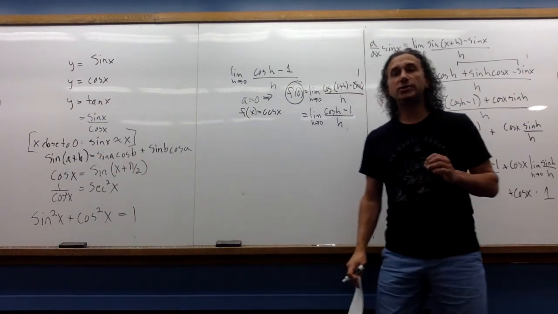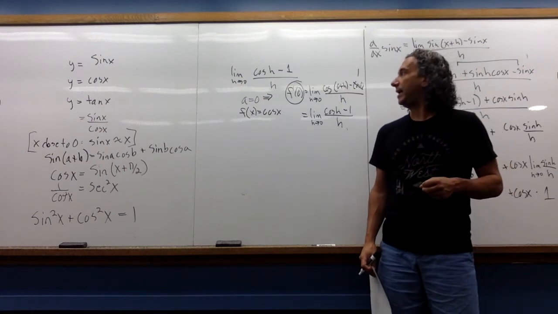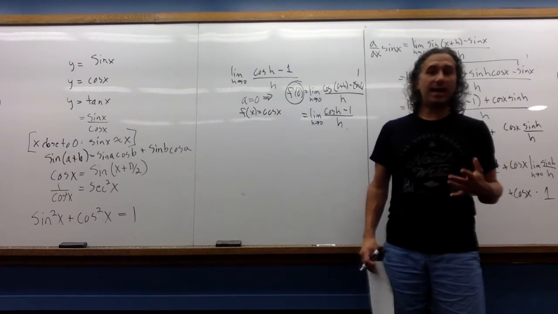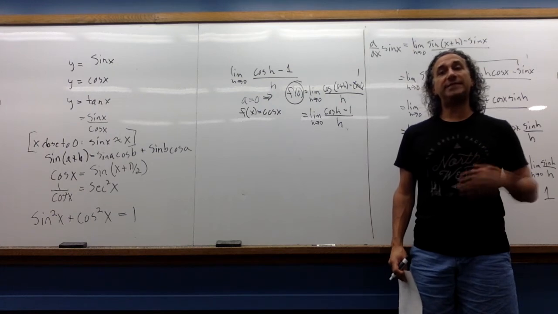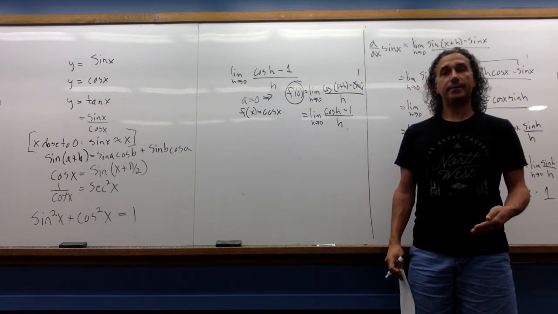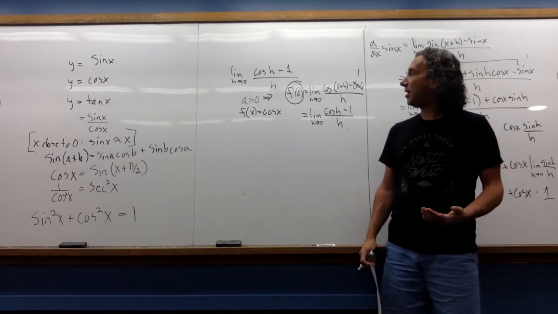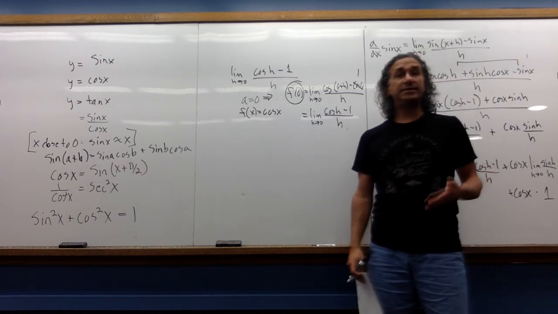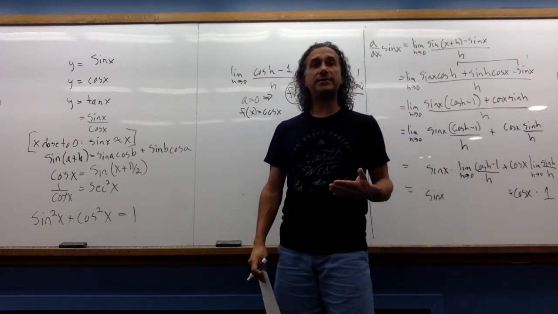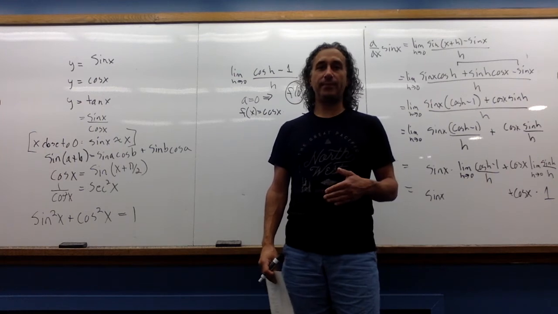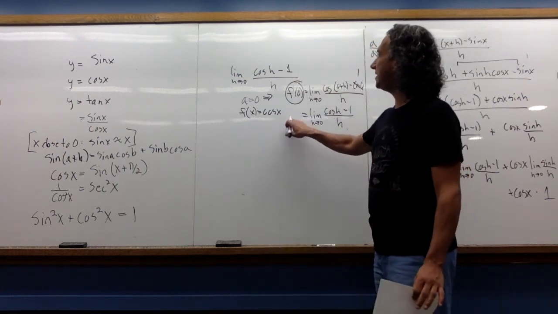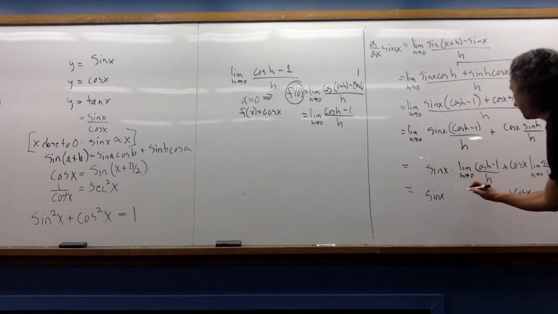But look at your graph and determine, just by looking at it, what the derivative of cosine is at 0. Well, hopefully you said, oh, the derivative there is 0 because it's got a horizontal tangent line there. The derivative of cosine is 0 at 0. Fantastic.